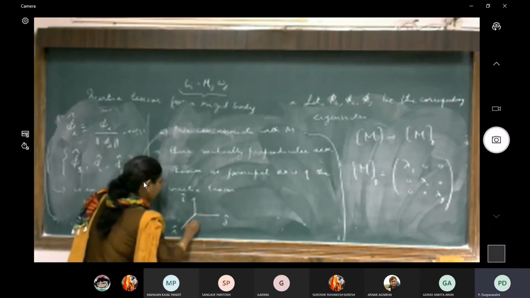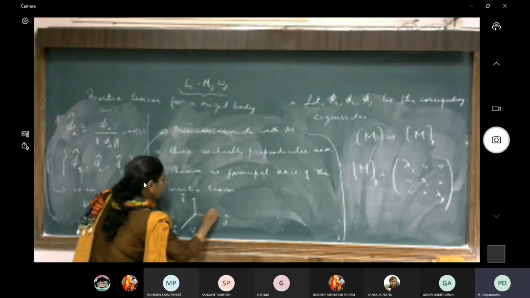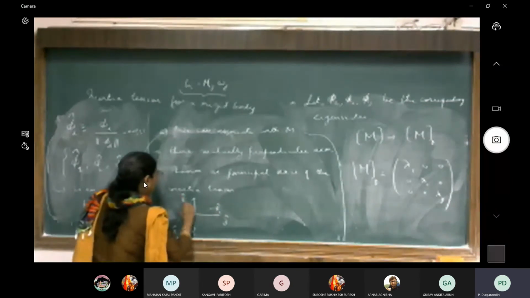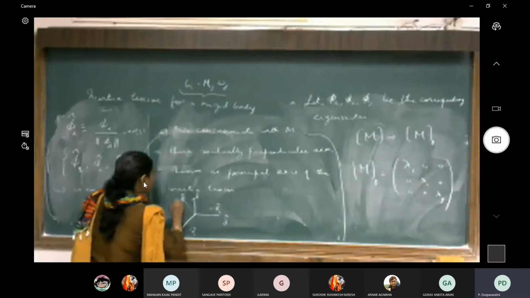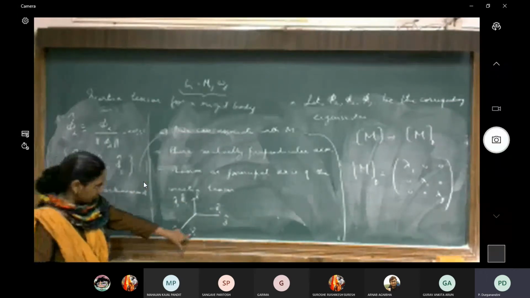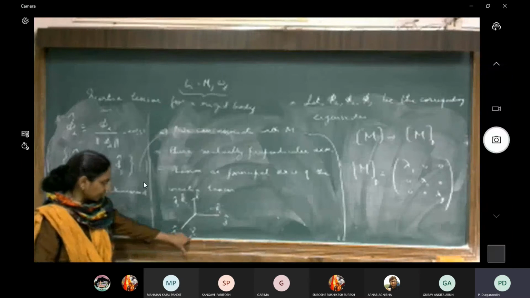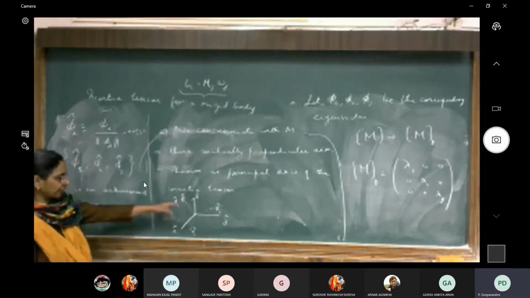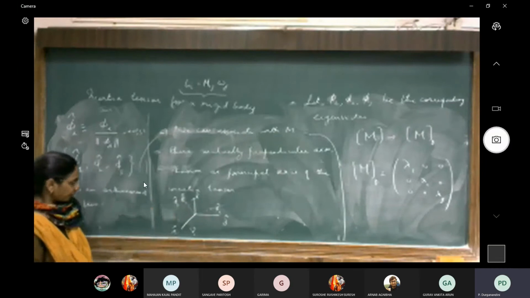So I go now to a new set, which is phi 1 cap, phi 2 cap, and phi 3 cap. So I can go to this new coordinate system, described by the directions along phi 1 cap, phi 2 cap, and phi 3 cap. So the axes are along these three different directions.